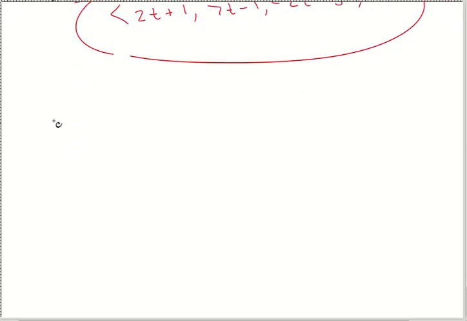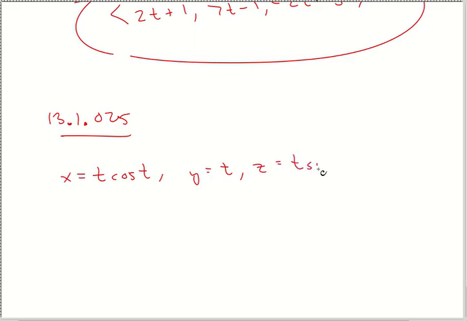This one was kind of harder to view from one angle, so I'm going to probably draw it from different angles here. X is equal to t cosine of t, y is equal to t, and I got z is equal to t sine of t, and they're specifying that t's got to be positive, but it's not really a big part here.